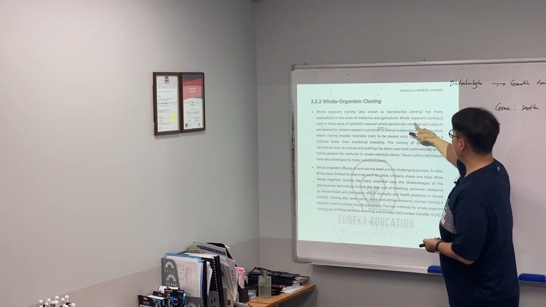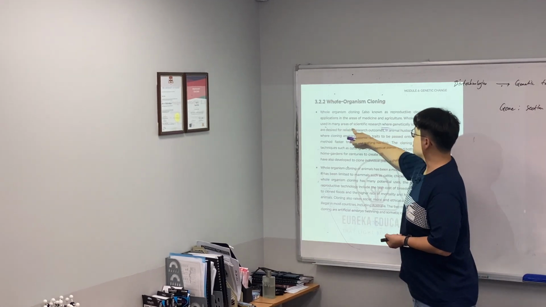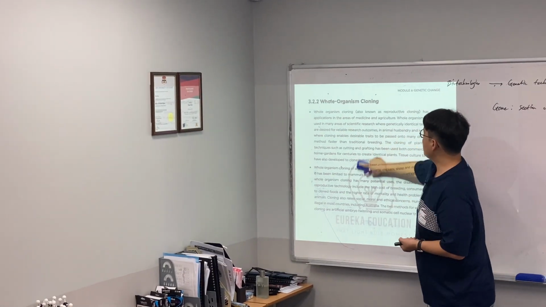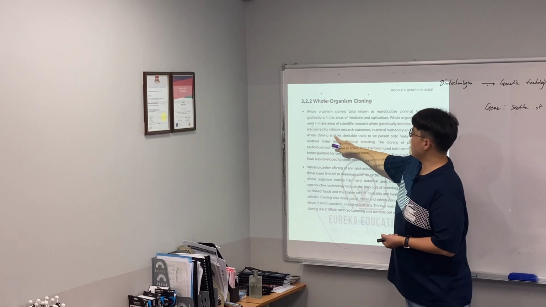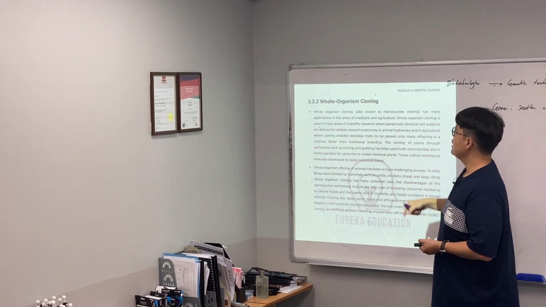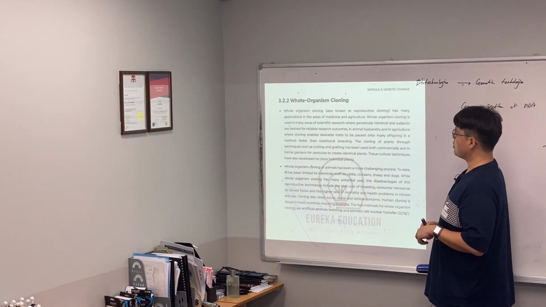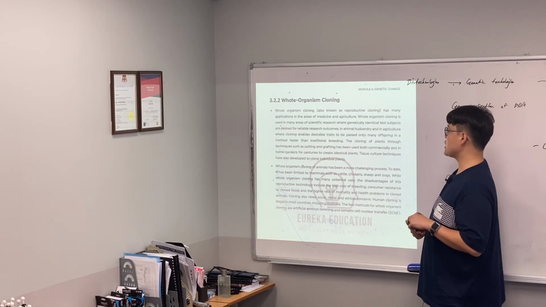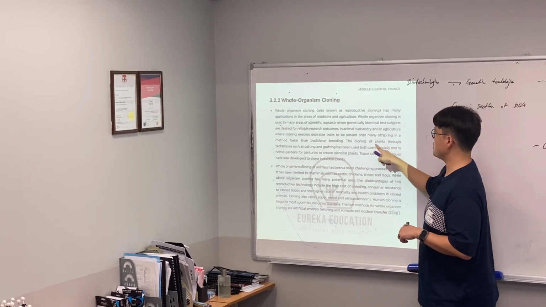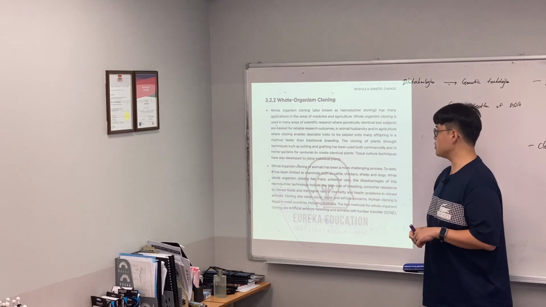Whole organism cloning is used in many areas of scientific research where genetically identical test subjects are desired for reliable research outcomes, in animal husbandry, and in agriculture, where cloning enables desired traits to be passed on to many offspring faster than traditional breeding.